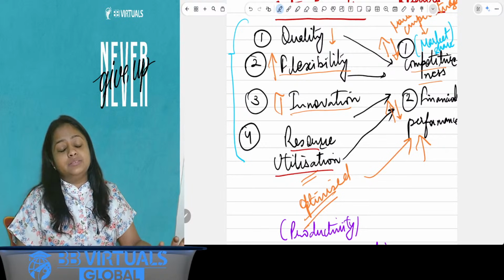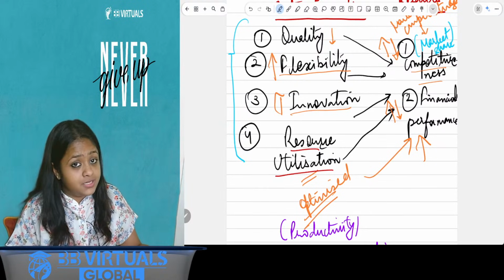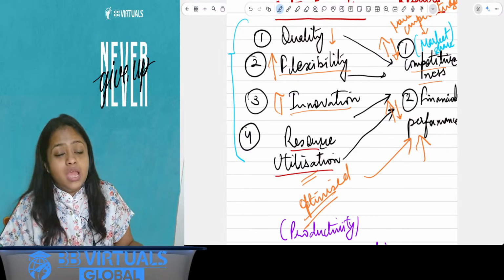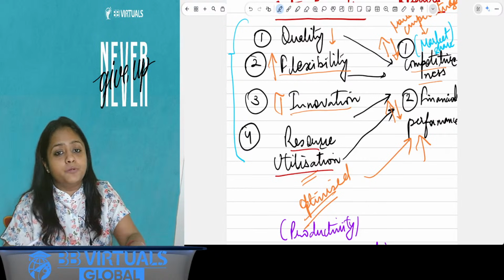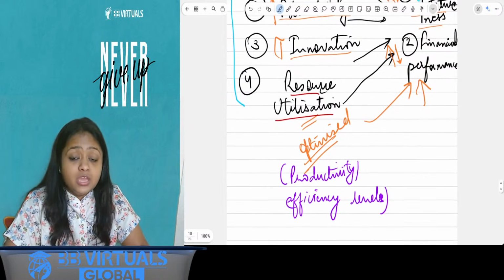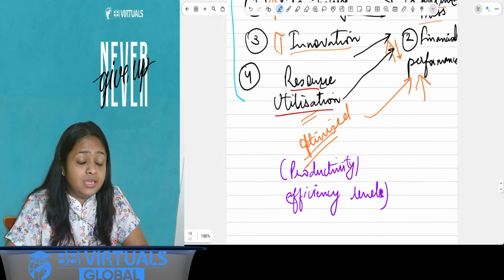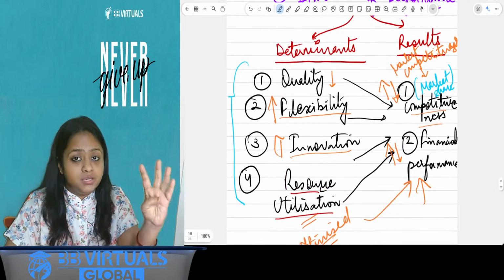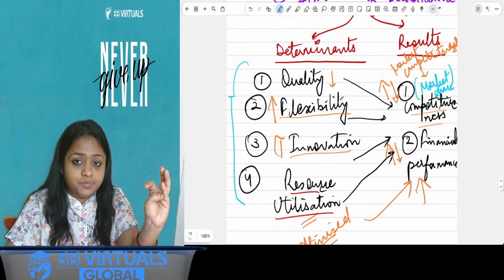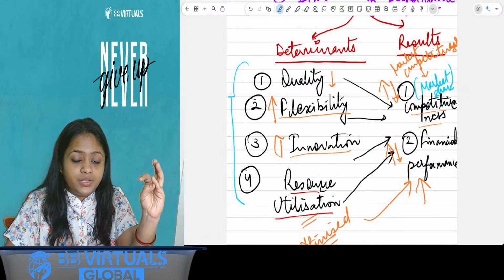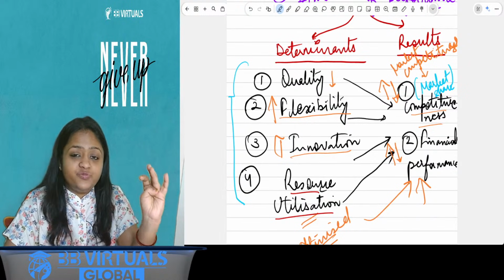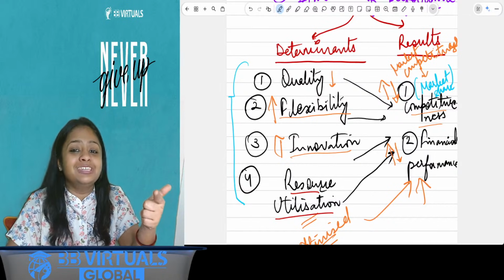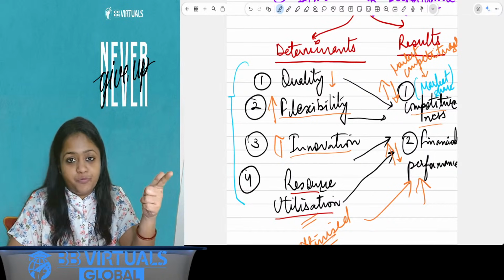It says that resource utilization should be optimized so that future generations also have the resources available, and so that the overall productivity and efficiency of the entity improve. So these are the four determinants: resource utilization, flexibility, quality and innovation. These four give rise to the results, that is competitiveness and profitability, the financial performance.